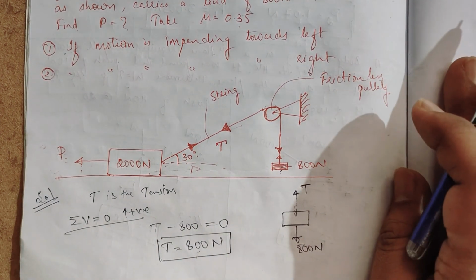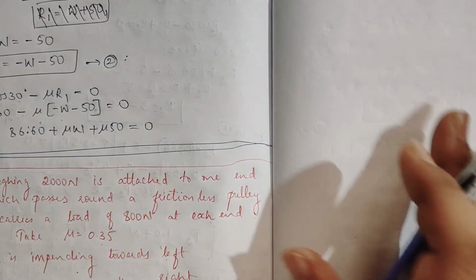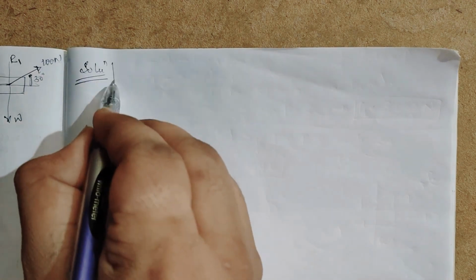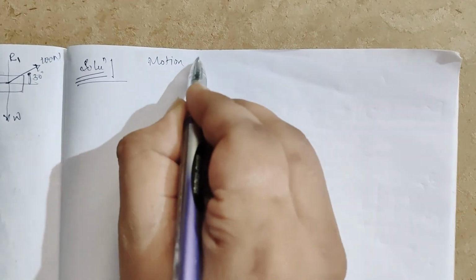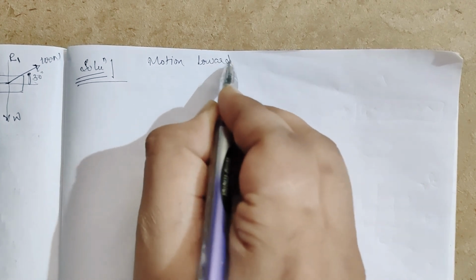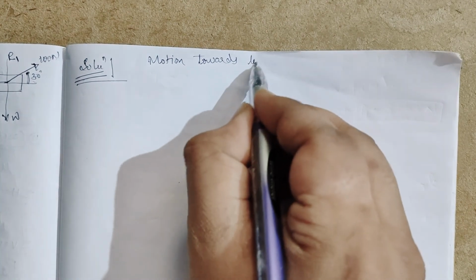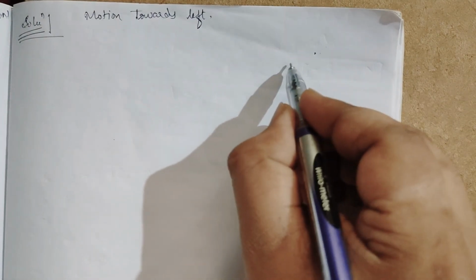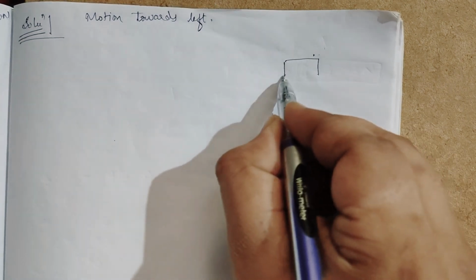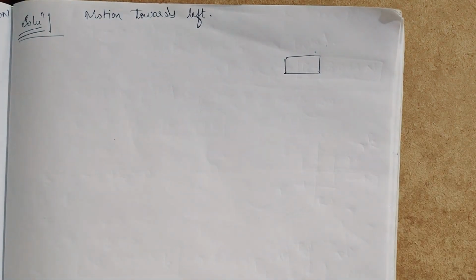So I'll take the first case, that the motion is impending towards the left. I'll take the free body diagram of that block. Okay, this is the block.